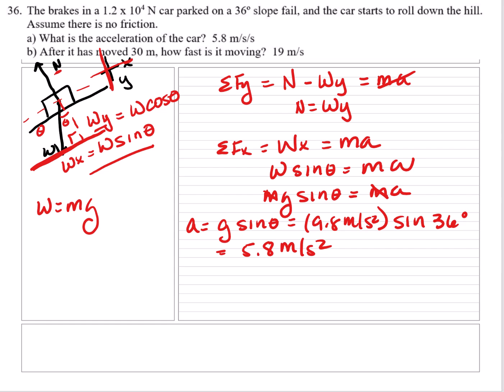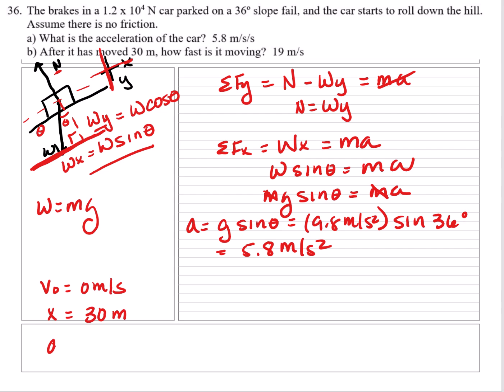So for part B, we are going to determine how fast it was moving. We know that the car is starting at rest because it was parked. So that means our v initial is 0 meters per second. The distance that we are moving is 30 meters.